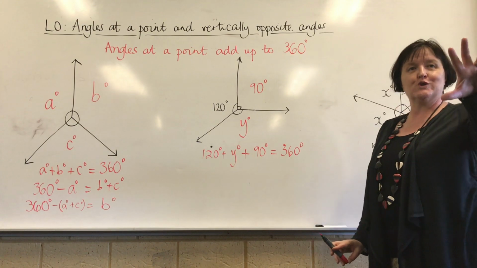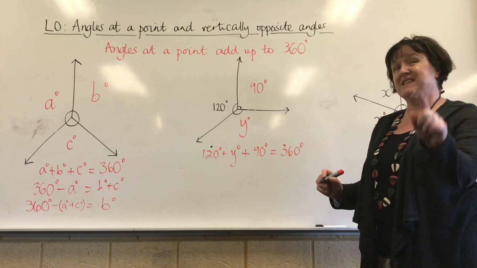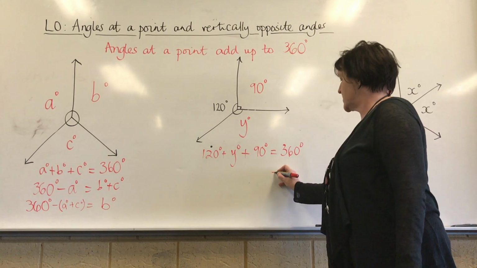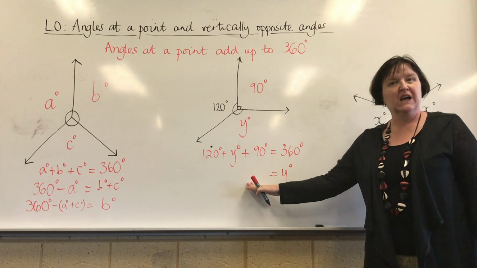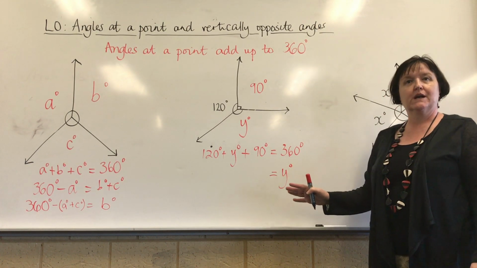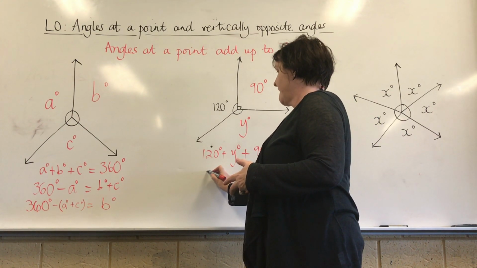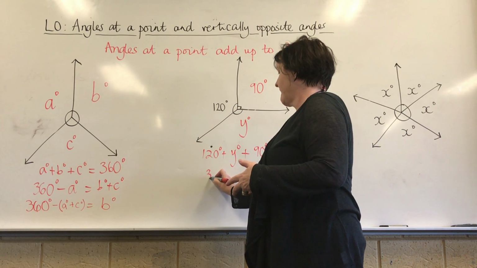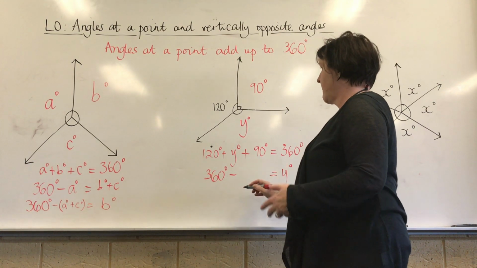Now I know what you were trying to say. You were trying to do the subtract one, weren't you? So let's have a go at that then. We want to know what Y is, so we've got to have something that equals Y. To find out what Y is, it'd be 360 take 120 plus 90.